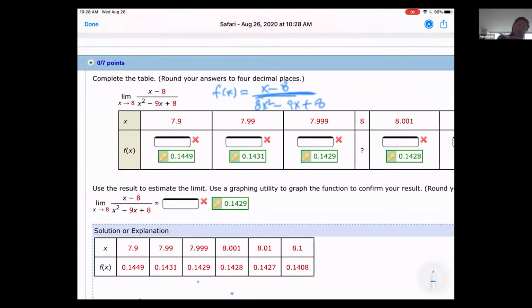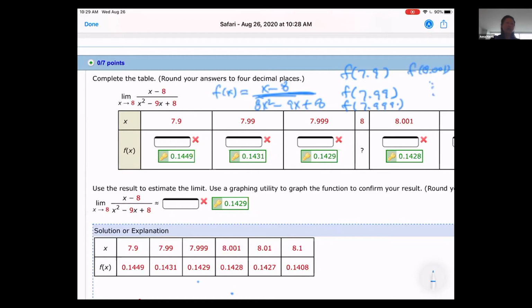So I need to plug in different numbers: f of 7.9, f of 7.99, f of 7.9999, f of 8.001, and so on. That's what I'm trying to figure out.